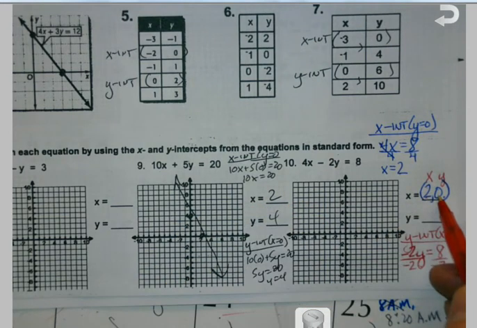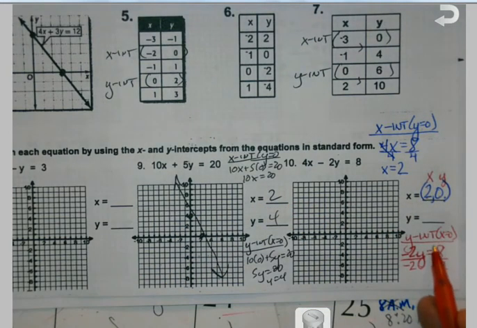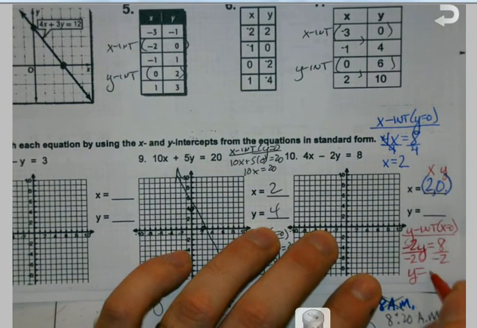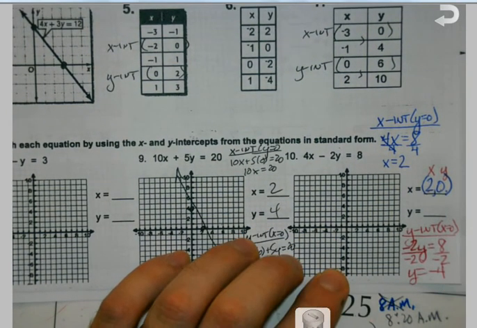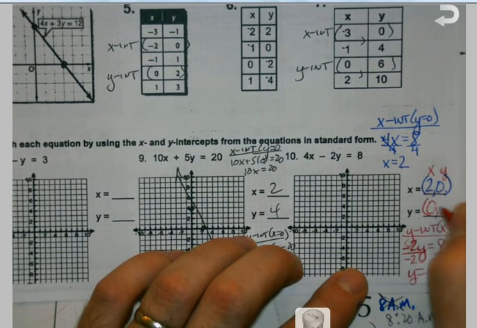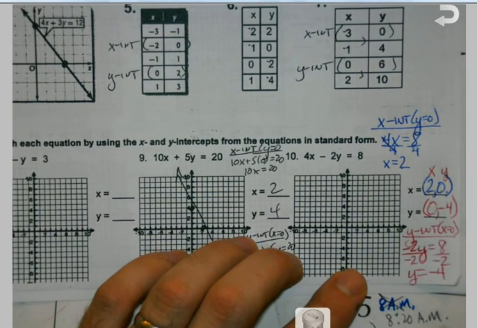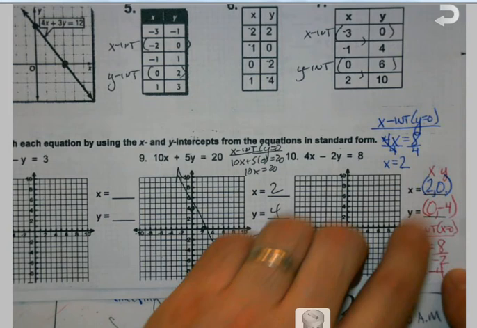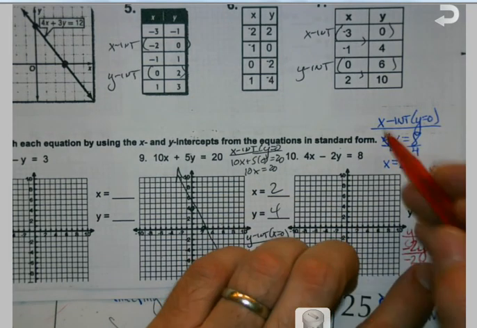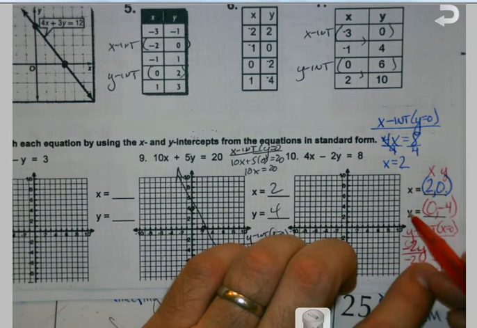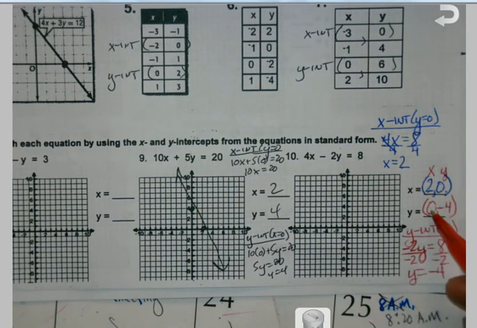When I'm doing the y-intercept, once I figure out what y equals, and in this case it equals -4, my x value is 0, and I put in my y. I'll have 1 point each time. When I find the x-intercept, the y is going to be 0. When I find the y-intercept, the x is going to be 0.